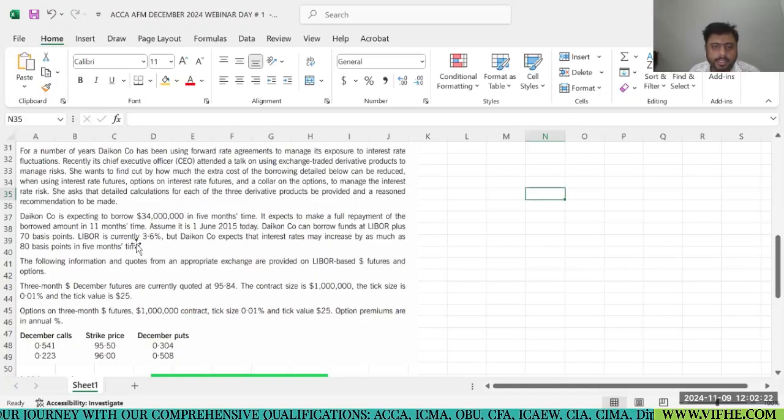4.4%. Agreed? And further, you have to note that the company can borrow at LIBOR plus 70 basis points. So right now, 3.6 plus 0.7, the company's borrowing rate is 4.3%. But if LIBOR increases by 0.8%, do you all agree? Do you all understand this?